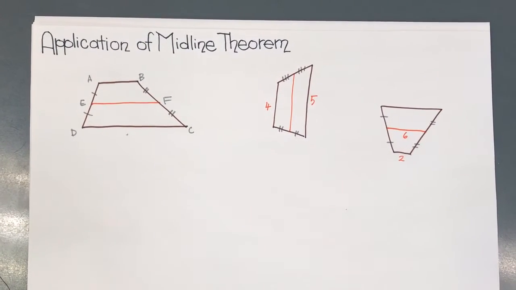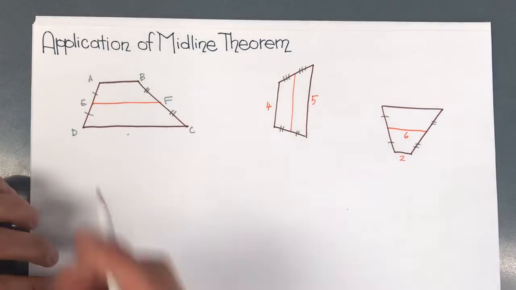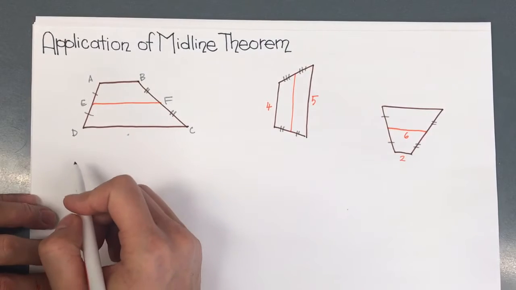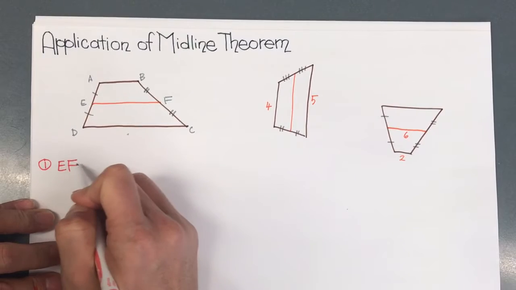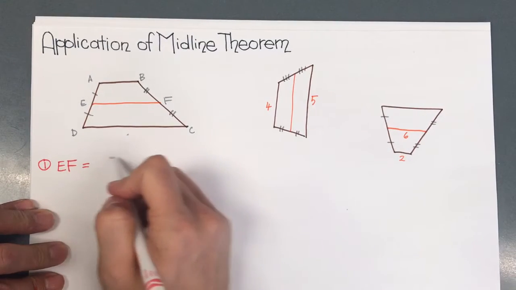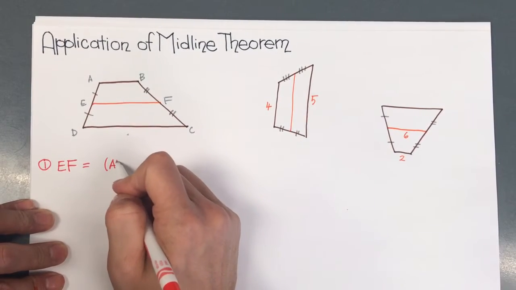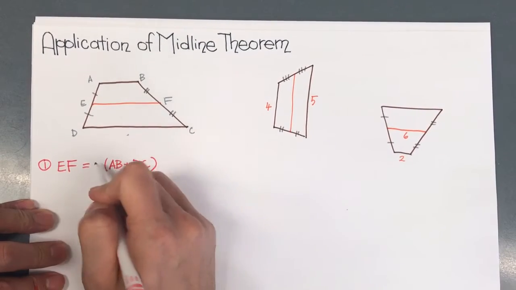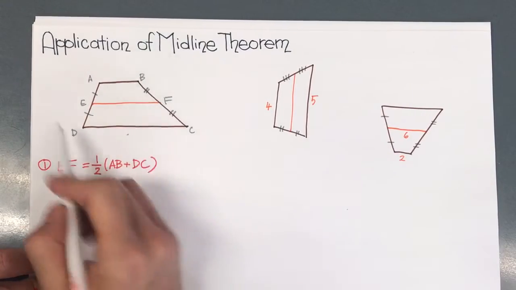Application of the midline theorem. So we are going to talk about the midline of the trapezoid. We have learned that for the midline of the trapezoid, the length of EF is you add the length of AB plus DC, and then divide by 2, you can find the length of EF.